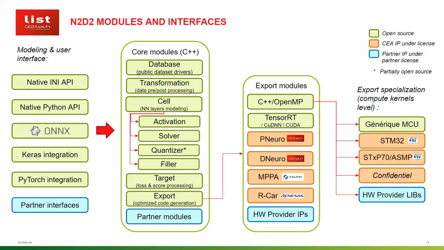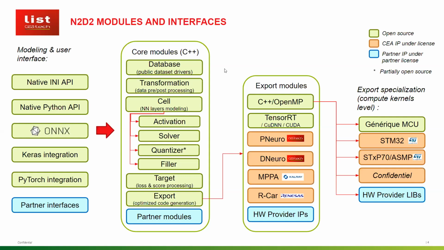Or we can also take the ONNX format, as I mentioned before, and also we provide the integration of Keras and PyTorch, as we will see in the future. There could also be partner interfaces, but those would be under their license.